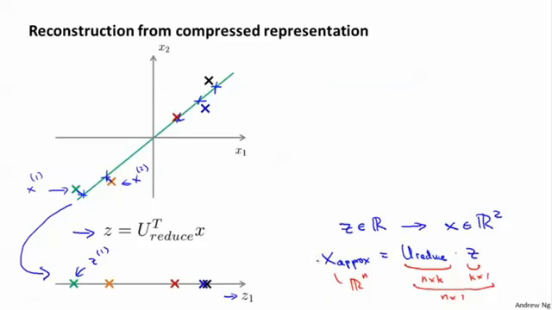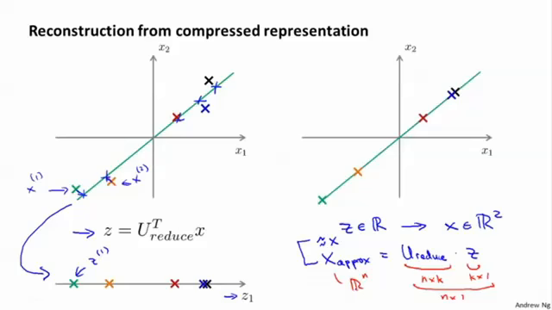The intent of PCA, that is if the squared projection error is not too big, is that this X approx will be close to whatever was the original value of X that you had used to derive Z in the first place. To show a picture of what this looks like, what you get back out of this procedure are points that lie on the projection onto the green line.